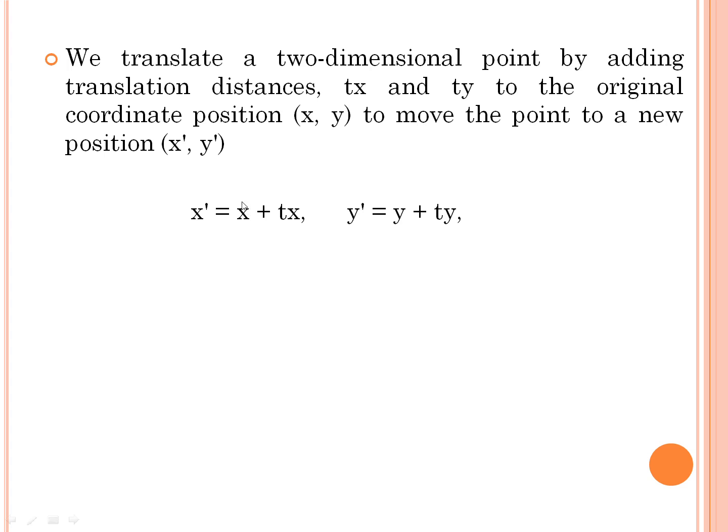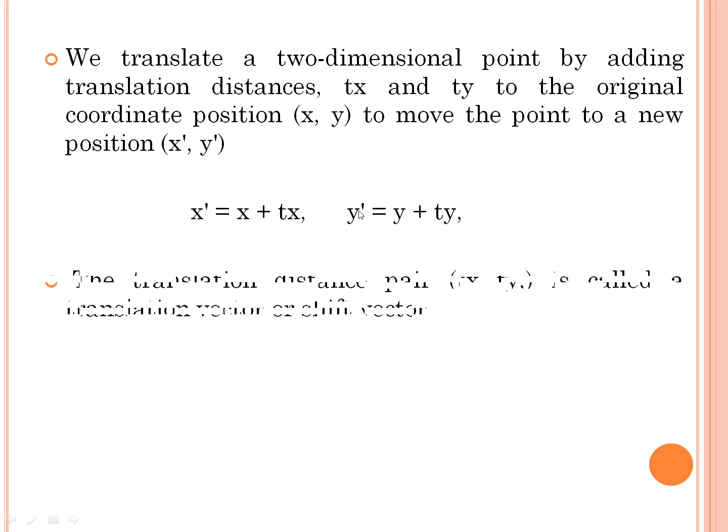That is, x dash: the object's x is shifted in the horizontal direction by tx, and we get the new coordinates, horizontal coordinate x plus tx and y coordinate y plus ty. And this tx comma ty is called the translation distance pair, translation vector or shift vector.